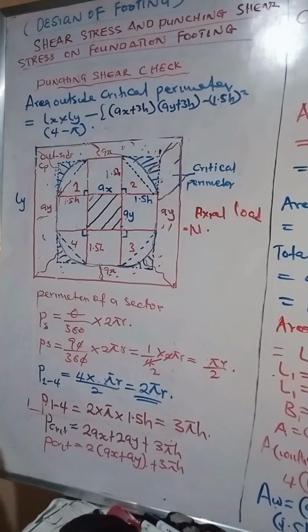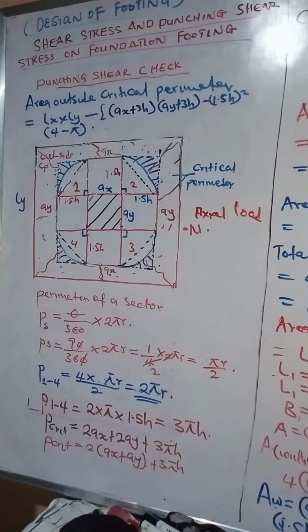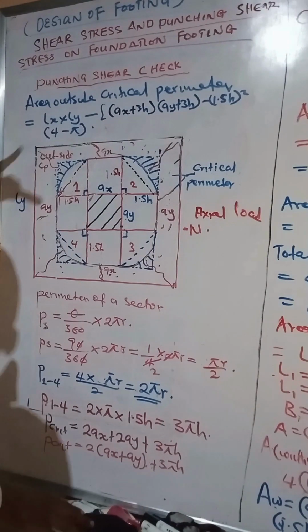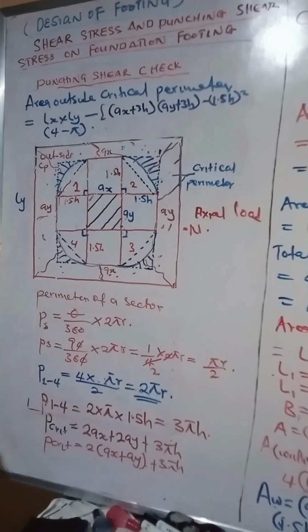All right, so this is the expression for the area outside the critical perimeter, where this expression represents the area within the critical perimeter, which we derived from the beginning. So this is the area outside the critical perimeter. Now, the punching shear, like I said, is checked for the area outside the critical perimeter.